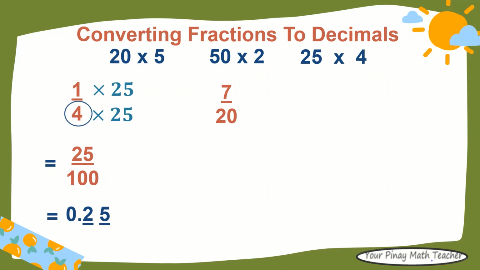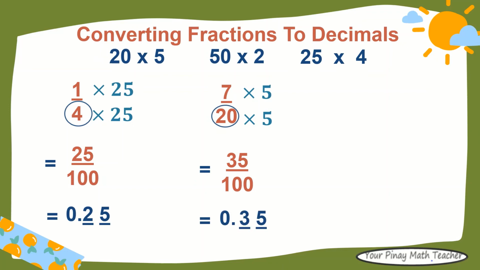Another example, 7 out of 20. You multiply 20 by 5. Multiply also 7 by 5. So we get an equivalent fraction of 35 over 100, and in decimal, 0.35. Next, 3 and 13 over 50. The denominator is 50.